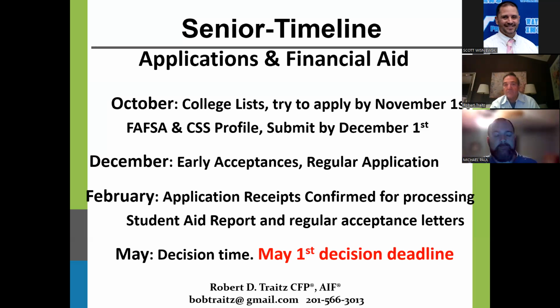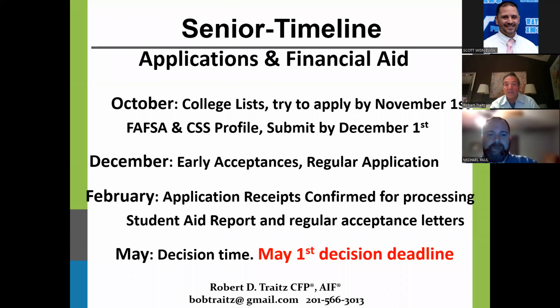The idea that the forms become available on October 1st doesn't mean you have to hit the ground running. It's good to get started, though. My suggestion is that you try to get the forms completed by the beginning of December. There are three ways that students are going to apply to college: early action, early decision, and regular application.